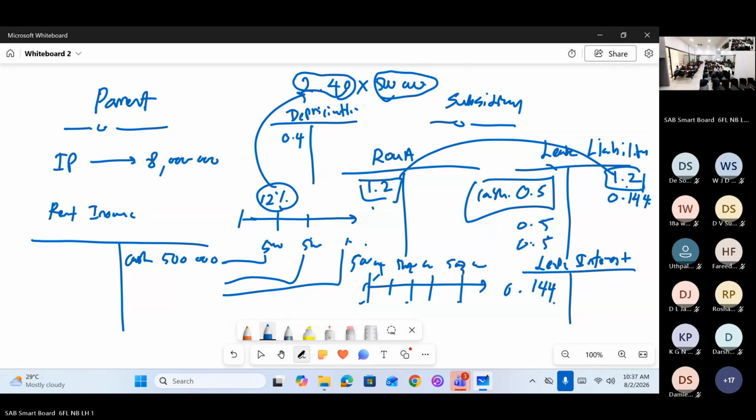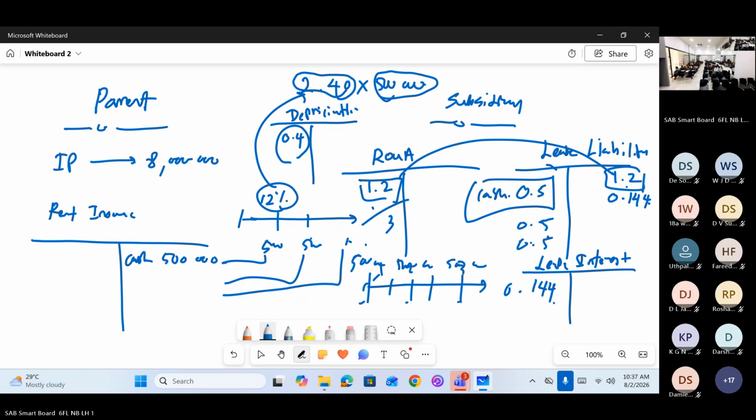Then you are having depreciation here. This ROU asset should be depreciated. Then ROU asset depreciation is 1.2 million divided by 3 for 3 years.